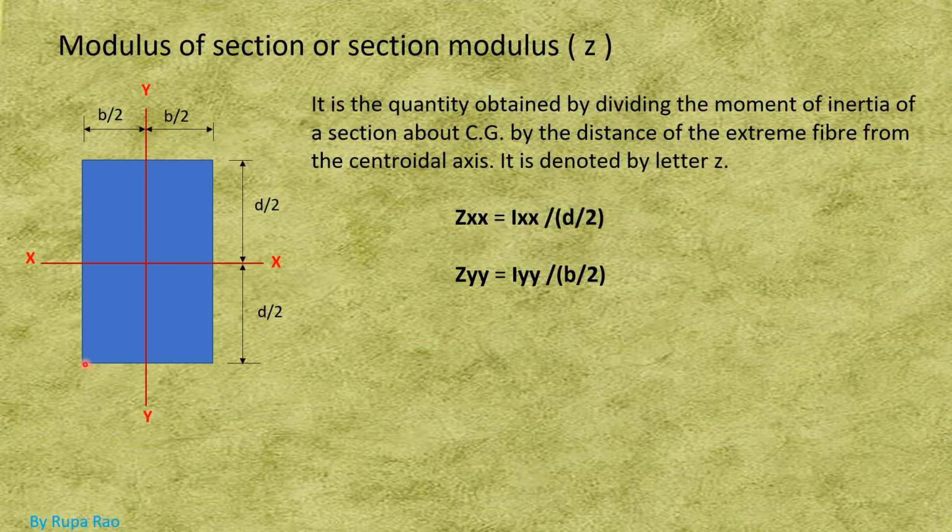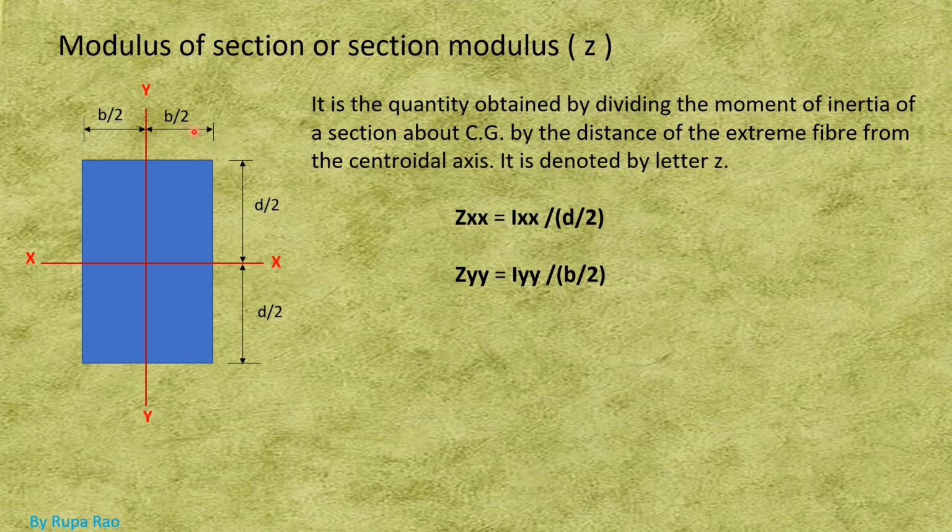Similarly, if the full width here is b, then this centroidal axis yy will be at a distance of b by 2. So if I want Zyy, it will be Iyy divided by, now the extreme fiber here, the fiber which is far away from yy is this one. This is the extreme fiber here, or this is the extreme fiber here.